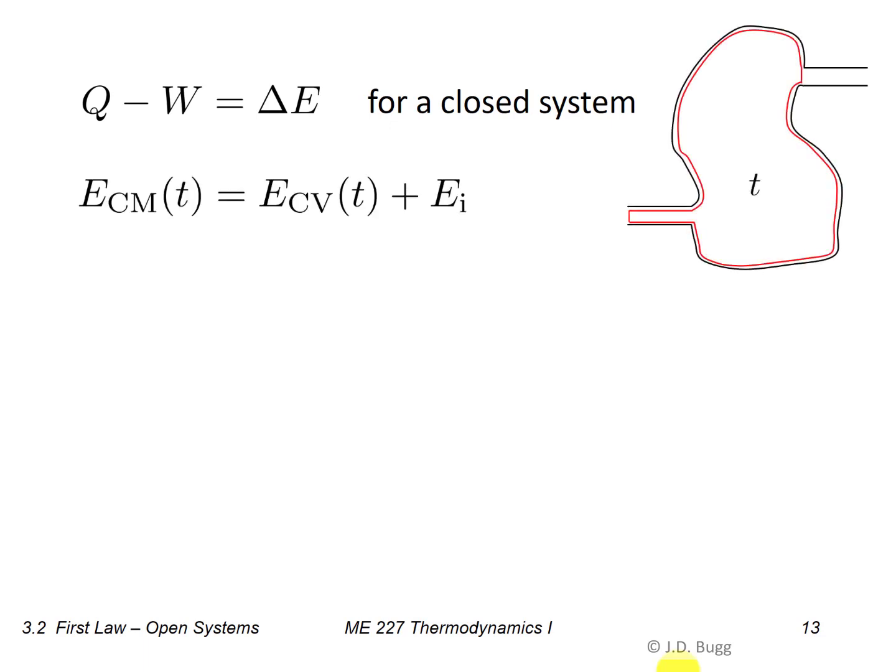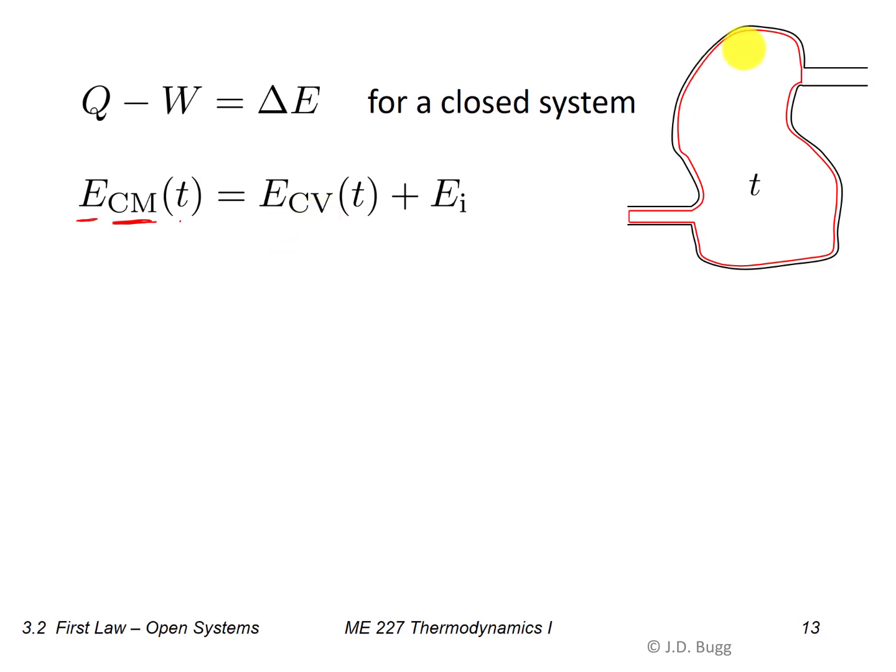Now what we want to do is take a look at our system here at these two times. Starting off at time t, remember that that's when our control mass protrudes into the inlet pipe. So what we say is that the amount of energy in the control mass, remember that's the solid red line, at time t is going to be equal to the amount of energy in the control volume.